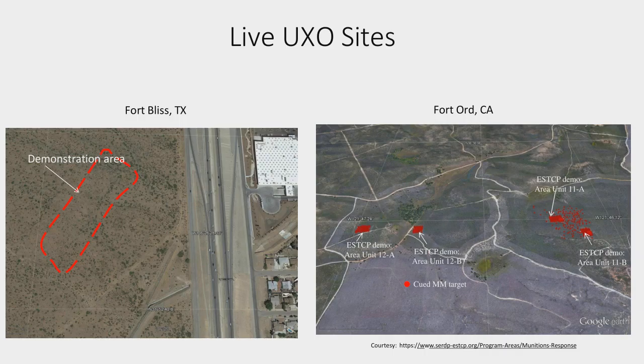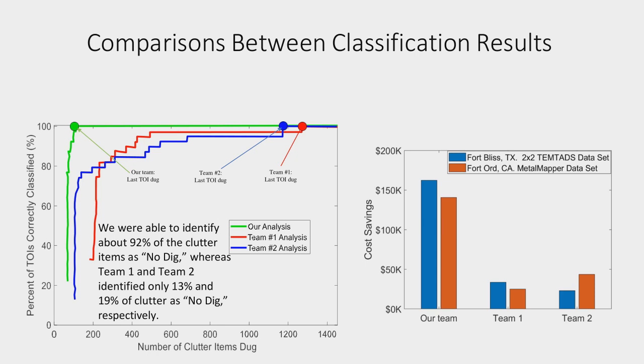Some of them were sites in wooded areas, as well as very challenging areas such as Fort Ord, which is a very cluttered UXO site. By using this signal processing approach, our technology was able to identify targets accurately at almost all UXO sites.